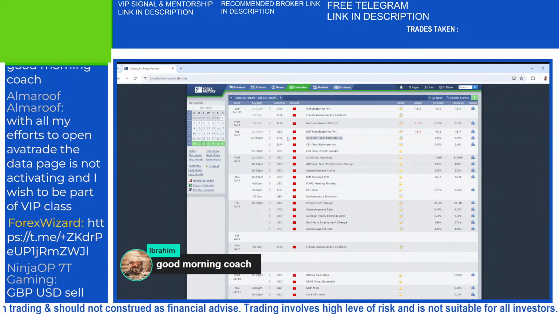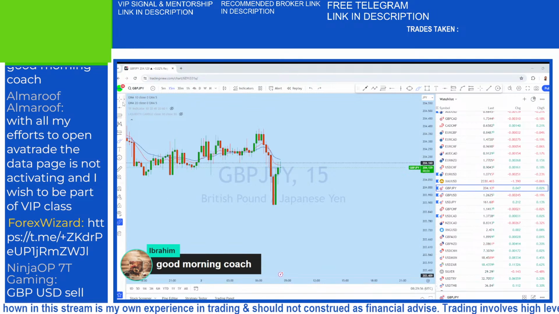So basically two high impact news coming on Euro, which is in 30 minutes from the time of this live recording. Also later today the Fed chairman will speak. So with these two important Euro news, we should be able to see pretty good movement on Euro pairs.